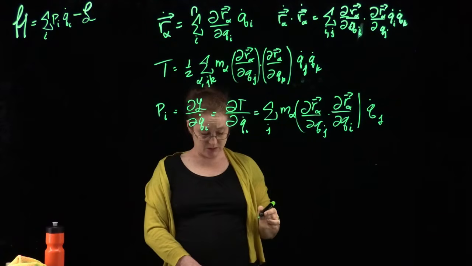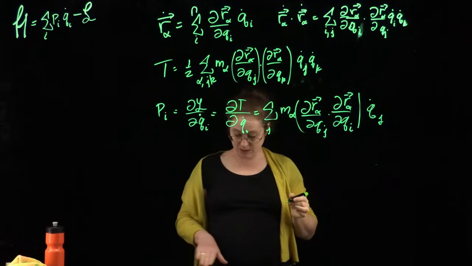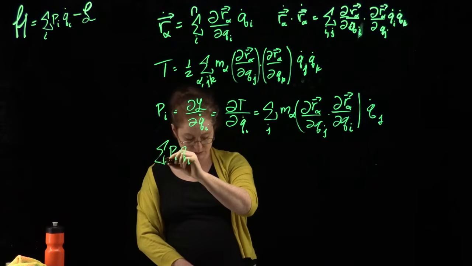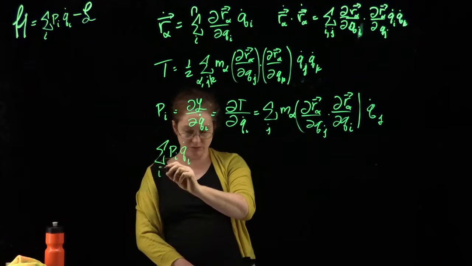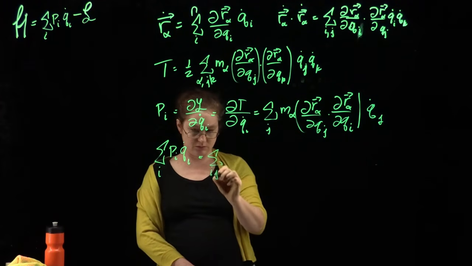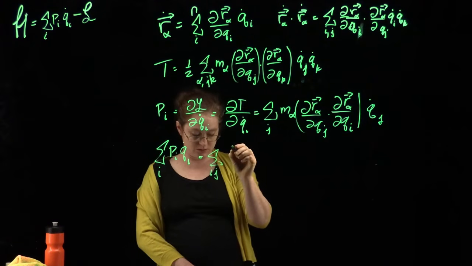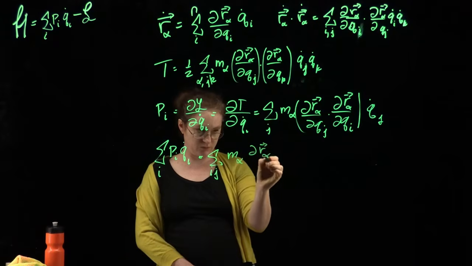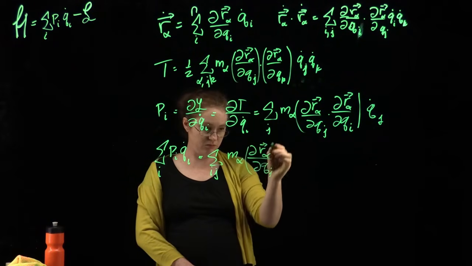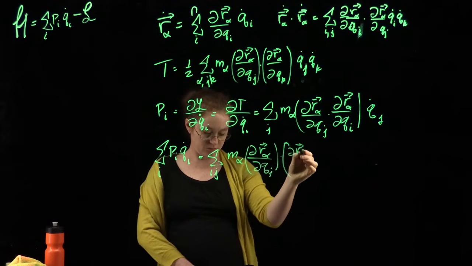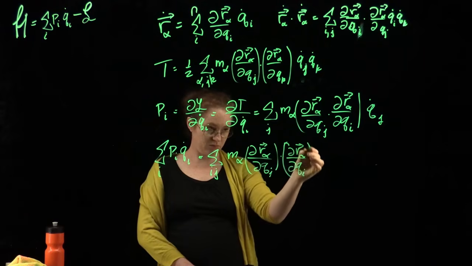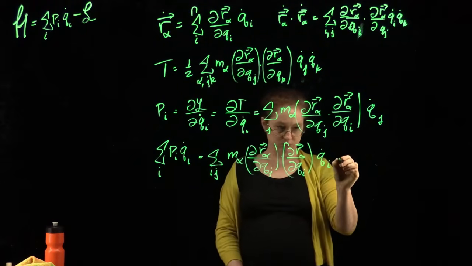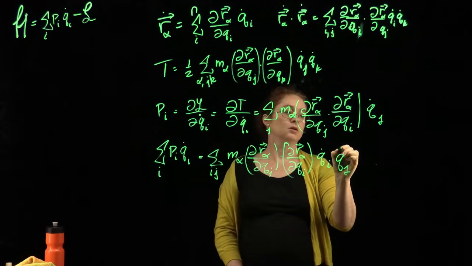All right. Then I can look at this quantity, pi qi dot, for a single particle, is the mass times this.